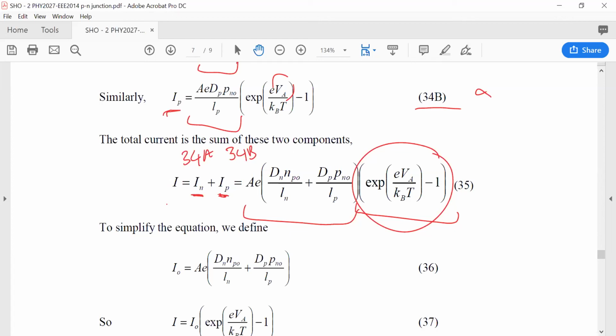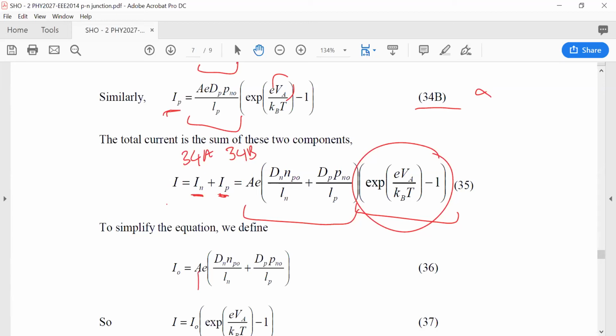It's the value of the current that you see when a negative or reverse bias is applied to the PN junction. So this is the value at which an ideal diode will saturate. And you can see that it's dependent on design parameters, doping level, and your material choice.